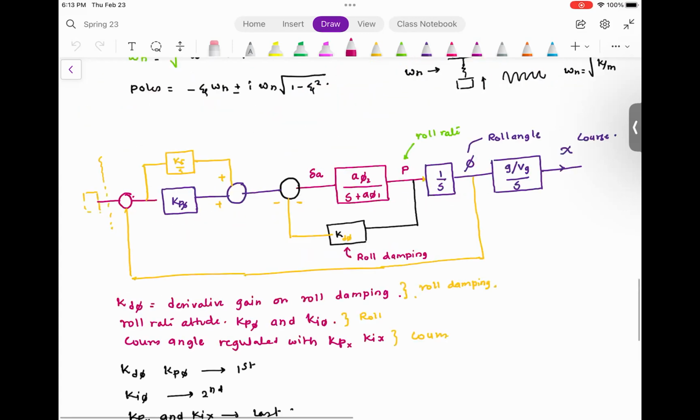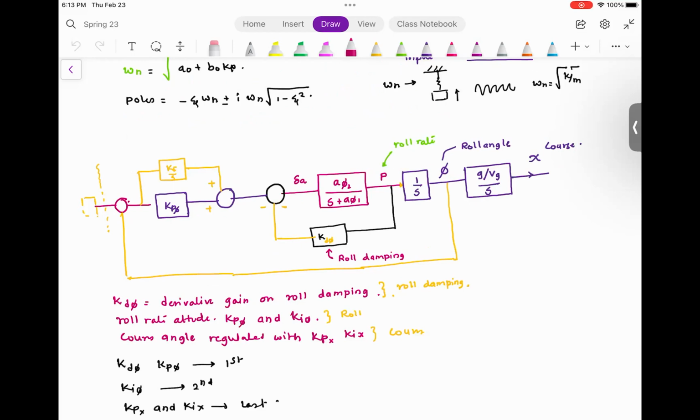We talked about the lateral control. In the lateral control, we have the innermost transfer function. Then we have a transfer function that is next to it, and we have the outermost transfer function. At the end of the day, what we want to do is control the course angle. The difference between the course angle and the heading, and that will happen for any flight vehicle, is the presence of a wind term.